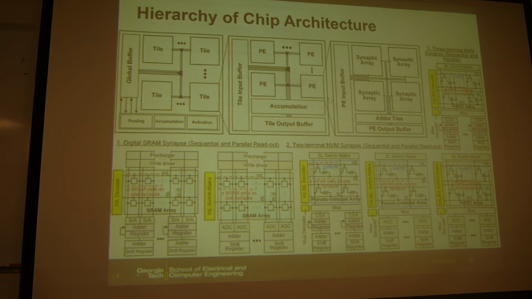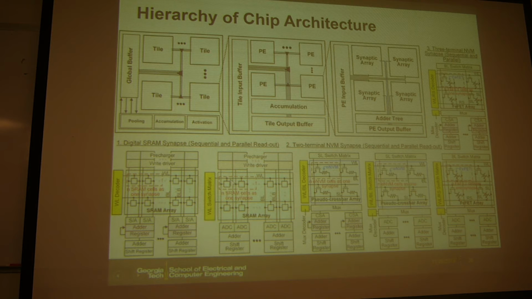And this is the chip architecture we modeled in the NeuroSim framework. It's a hierarchical model, and at the chip level we have a global buffer to save your input and output feature maps, and then we have tiles. Within a tile we have PEs. Within a PE we have subarrays, and within a subarray we have different technology choices.